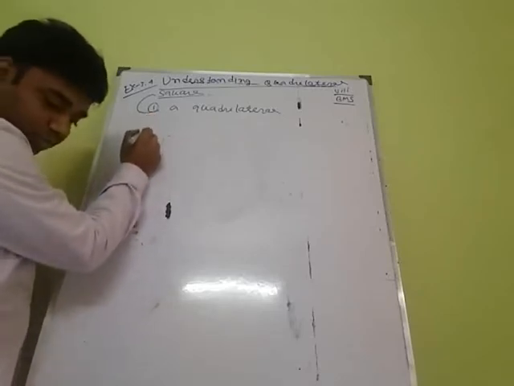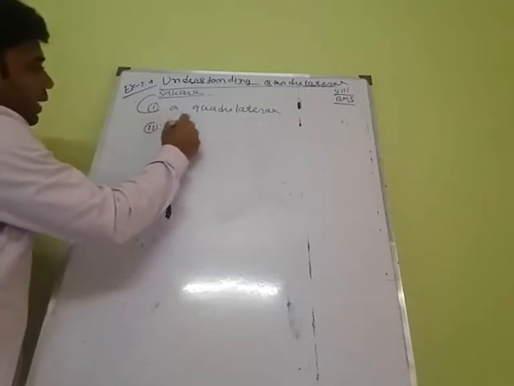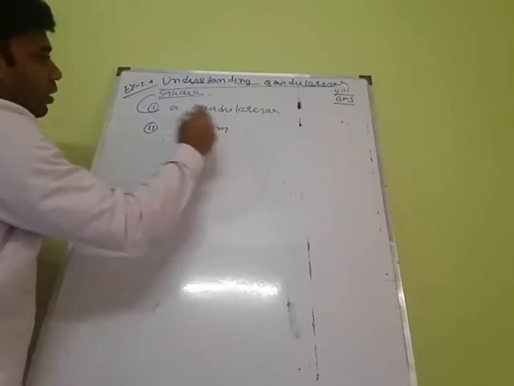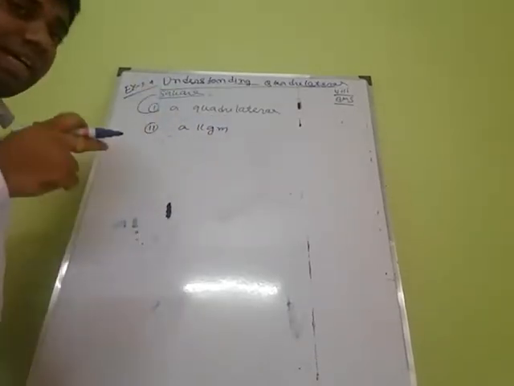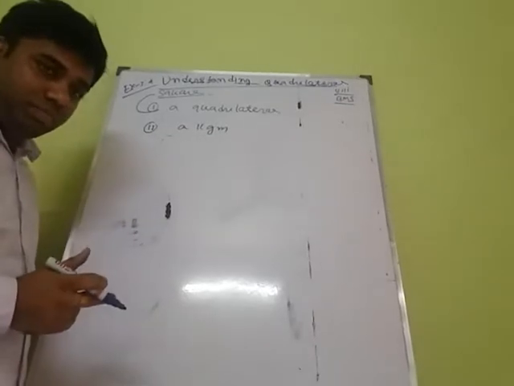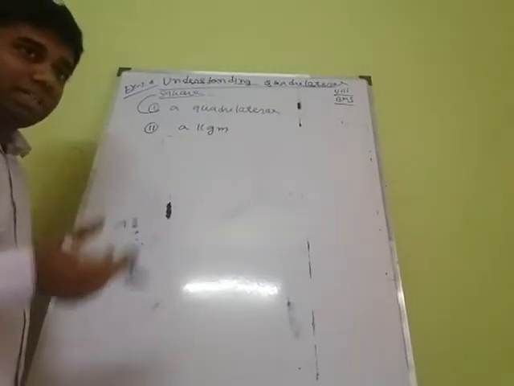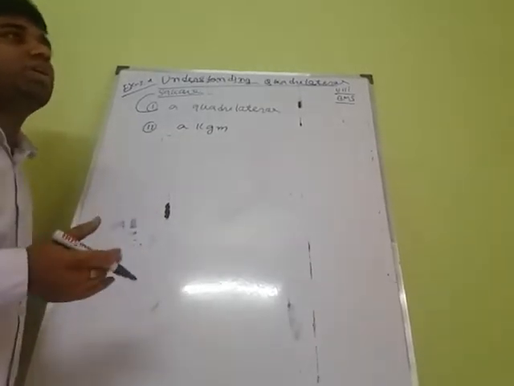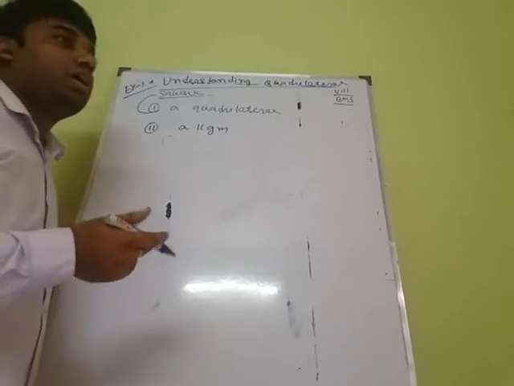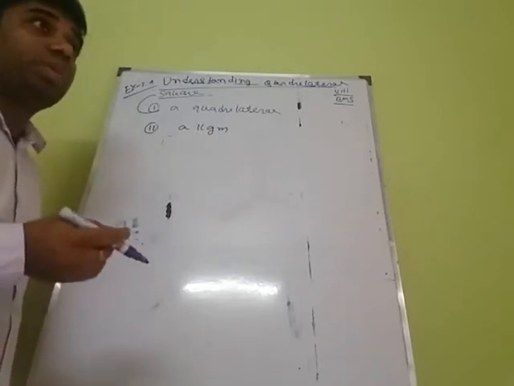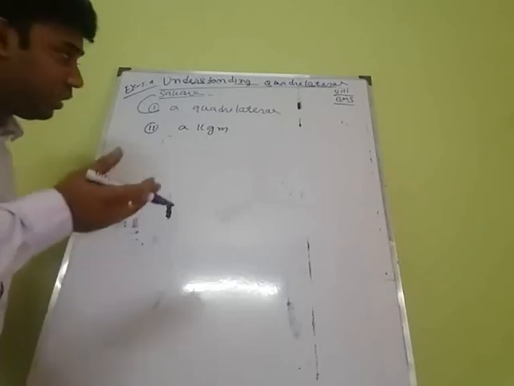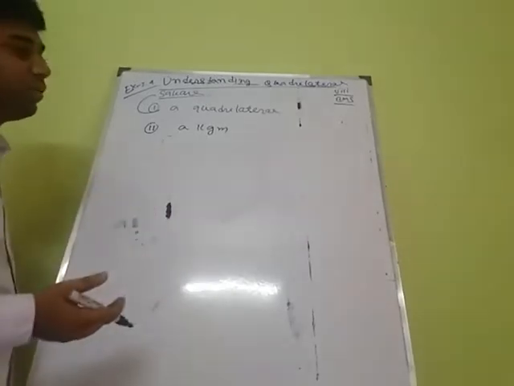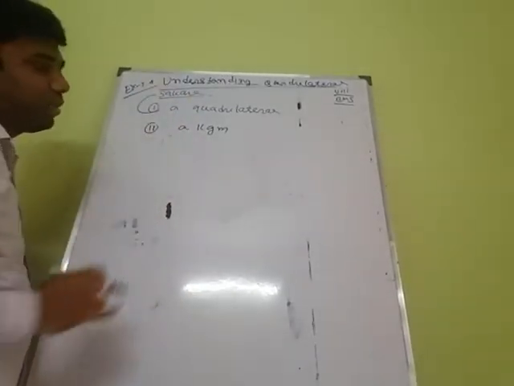Part B: a parallelogram. Can we say a square is a parallelogram? Yes. In the previous videos we discussed that one type of parallelogram is a square. But how can we say what is the similarity between a square and a parallelogram?